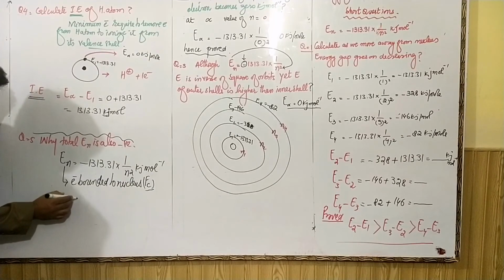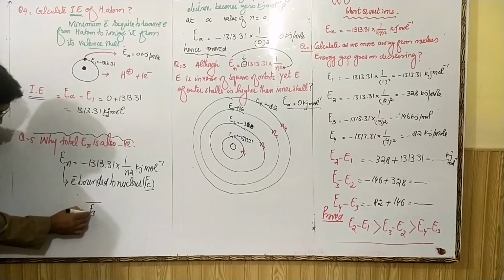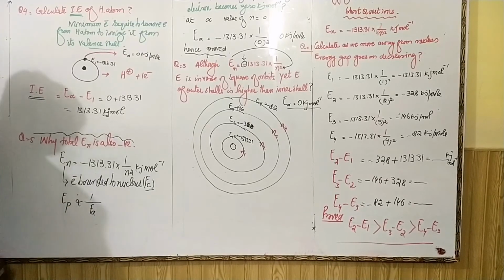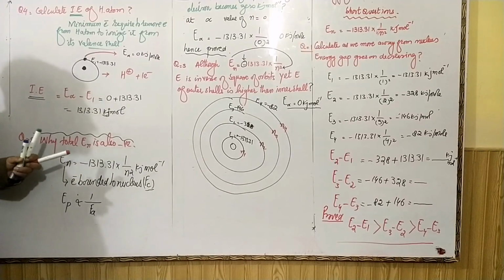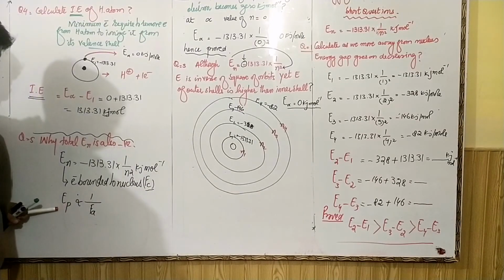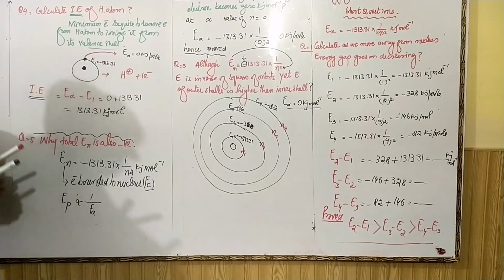Force of attraction and its energy are inverse to one another. If force of attraction will increase, its energy will decrease, and maximum energy is 0. So its energy will be decreased due to strong force of attraction.